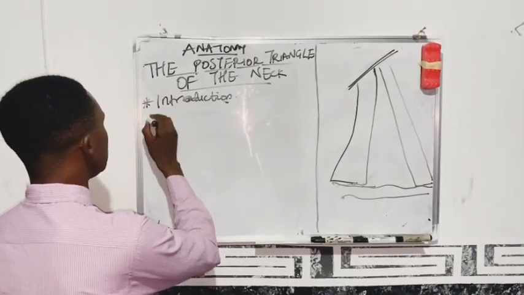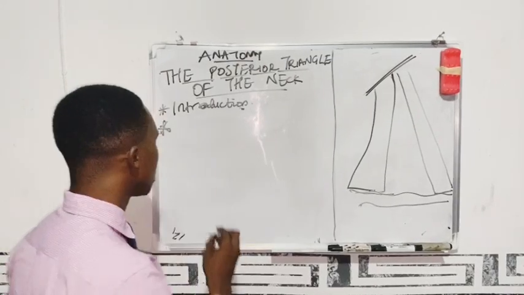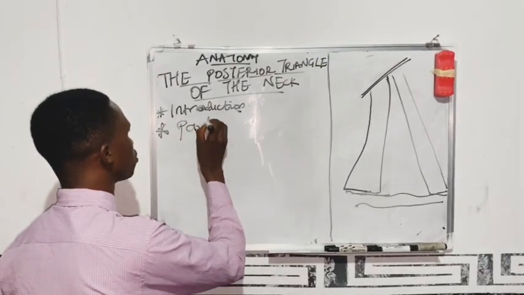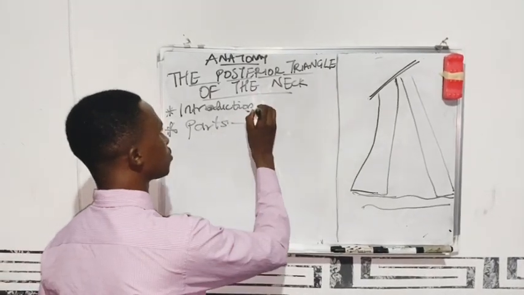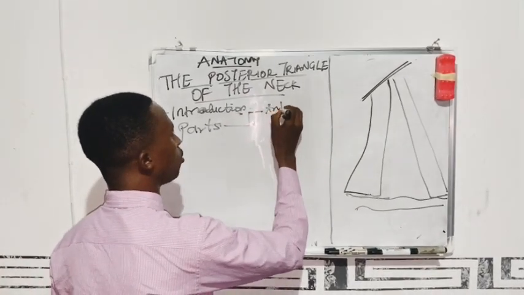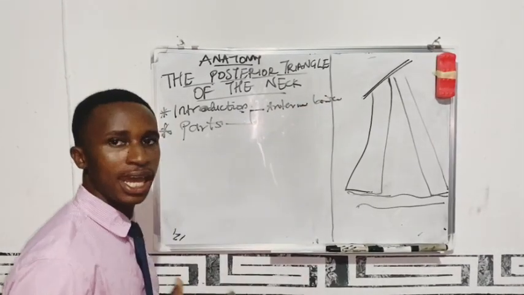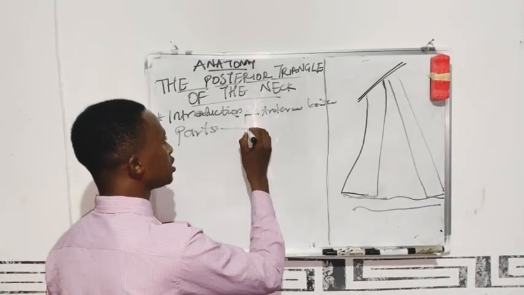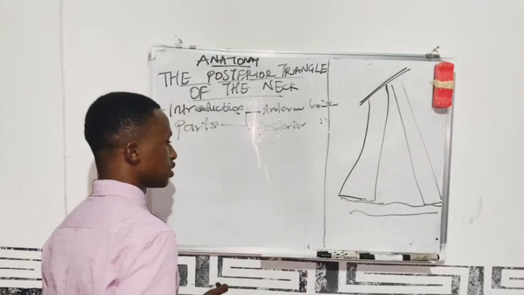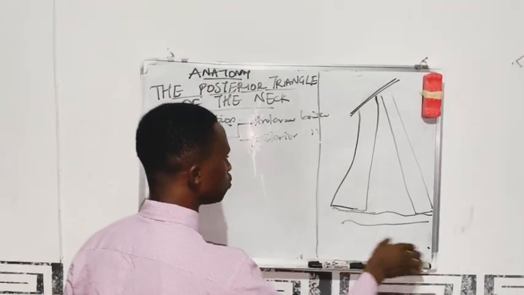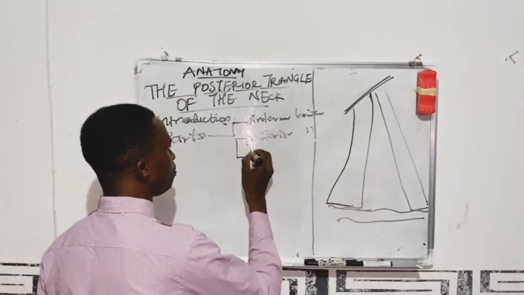With that, we need to move to the aspect of the posterior triangle of the neck that we refer to as the parts of the posterior triangle of the neck. The posterior triangle of the neck has what we refer to as the anterior border. It has another aspect which we refer to as the posterior border. It has another aspect which we refer to as the base.